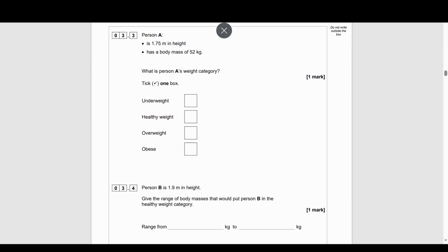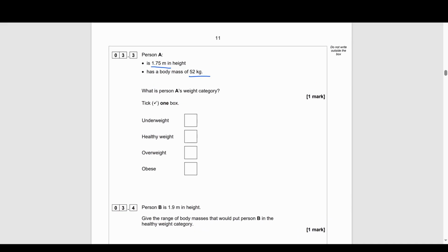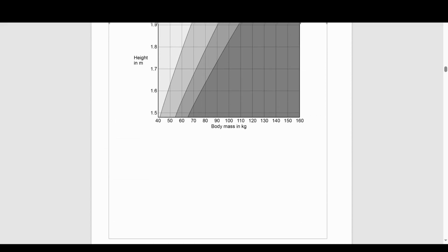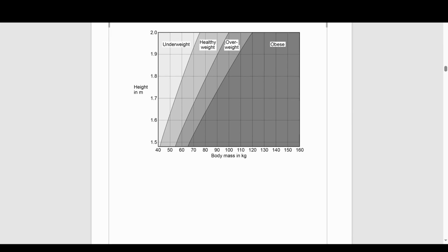3.3. Person A is 1.75 meters in height, has a body mass of 52 kilograms. What is person A's weight category? So we've got to go back to the graph and look for those specific values to find out what category they're in.